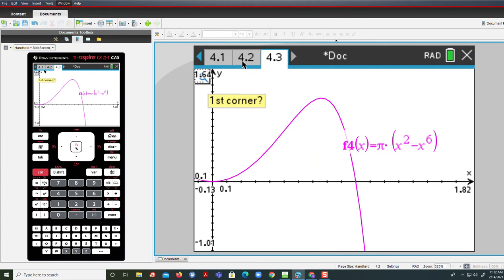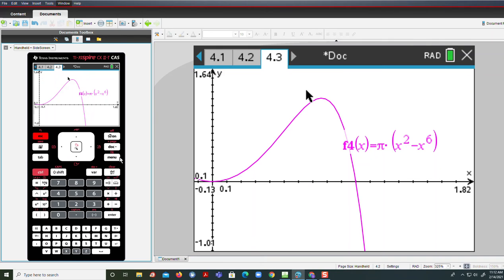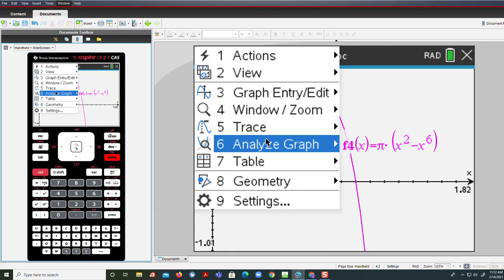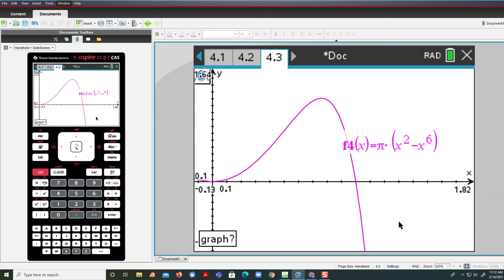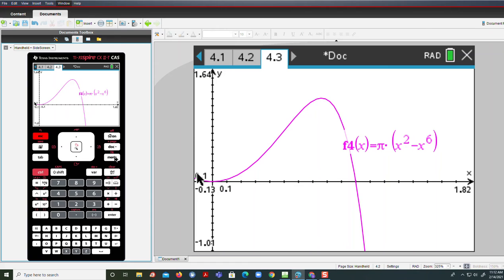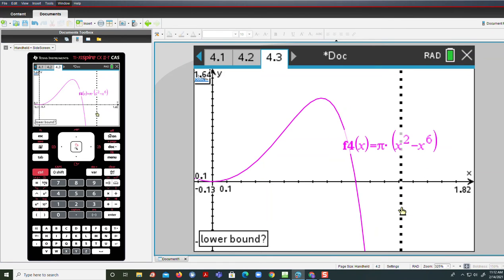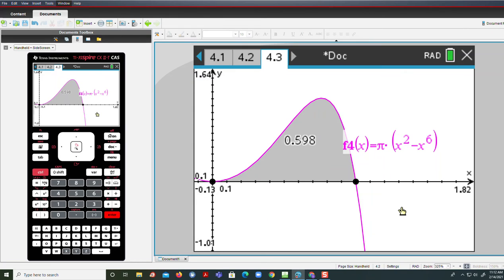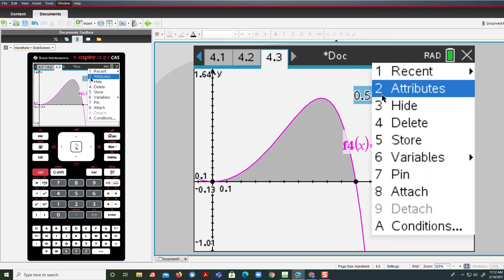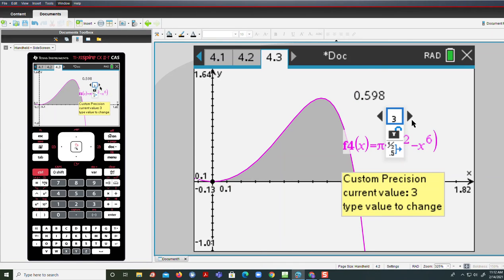Okay, that'll work. Analyze graph, bounded area. Now the area underneath this curve from 0 to 1, wait a minute, why won't it? Okay, I hit the wrong button. Integral. 0, 1. Okay, let's get a few more decimal points of precision.